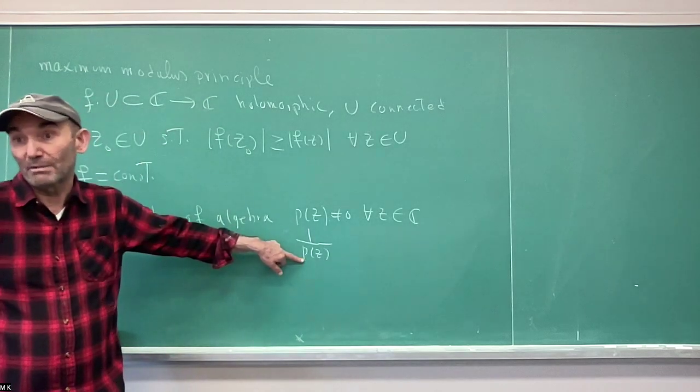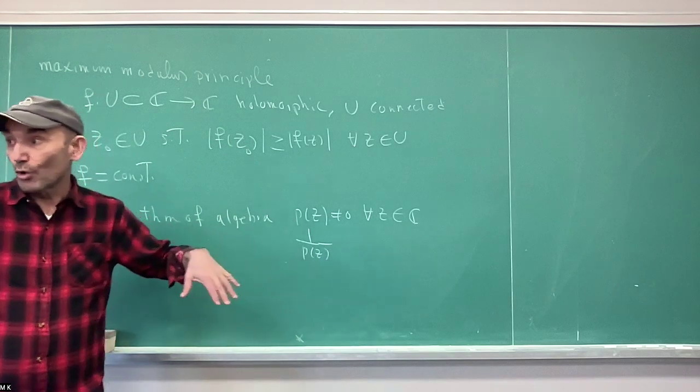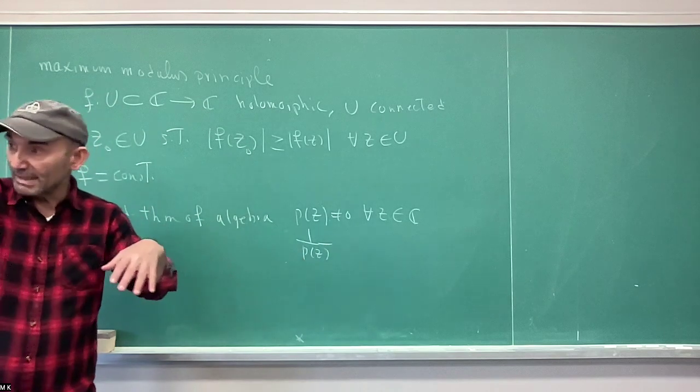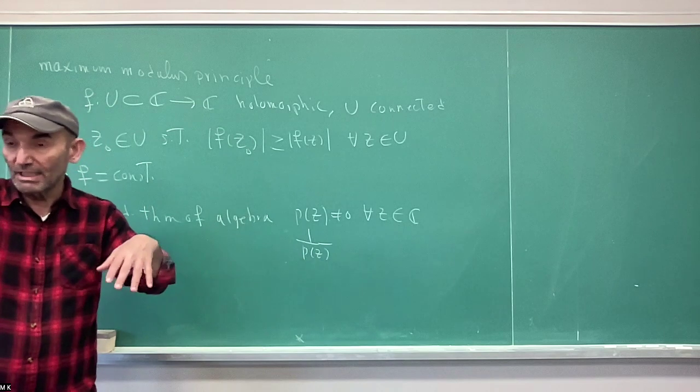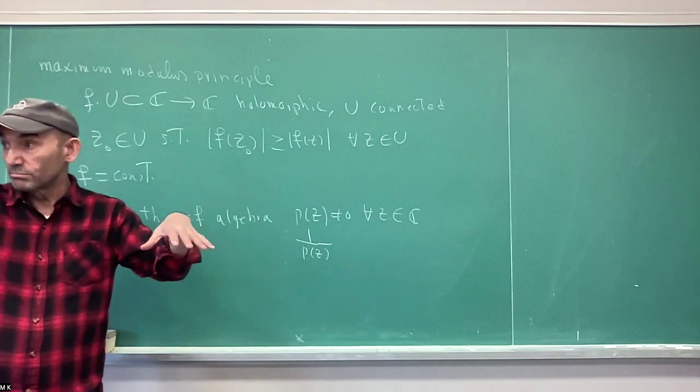This is an easy estimate, like 1 over z^n, essentially. So if you look at a large enough compact set, a large enough disk, it is going to attain a maximum there, and that's going to be the whole maximum.